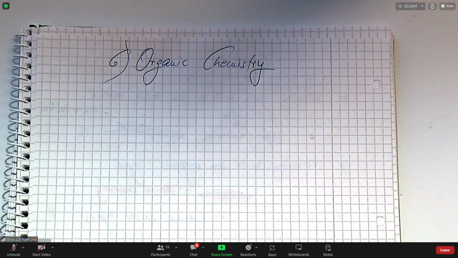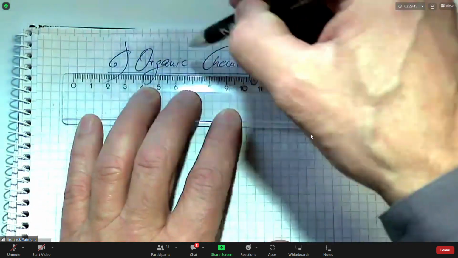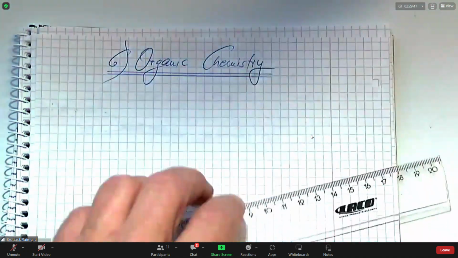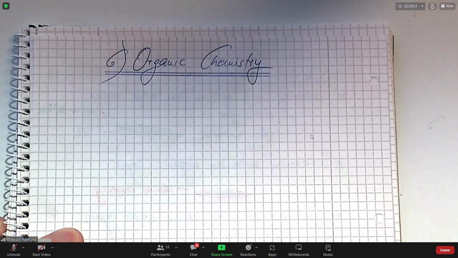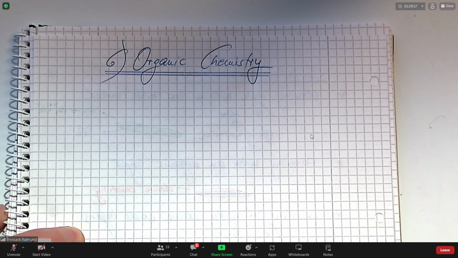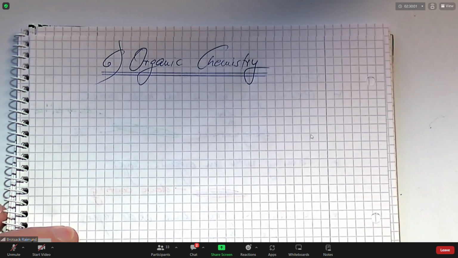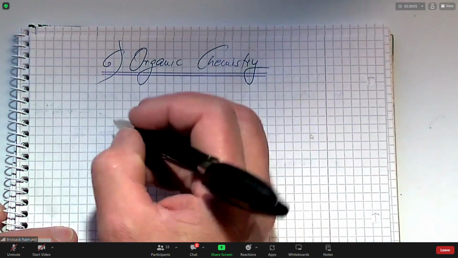And we'd like to talk about some single topics in this area. First of all, the definition of organic chemistry: molecules containing carbon, hydrogen, and oxygen, mainly. But the thing is mainly carbon.